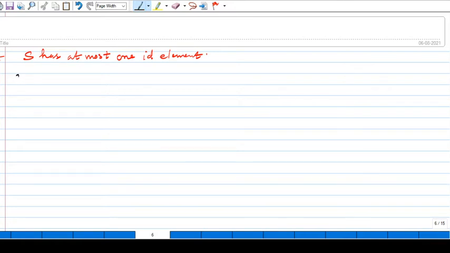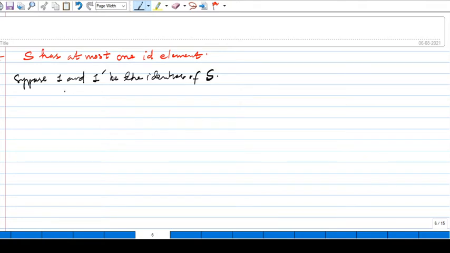So suppose 1 and 1 dash be the identities of S. In order to get a contradiction, I am using an argument. Suppose there exist two identity elements, what is the problem then?